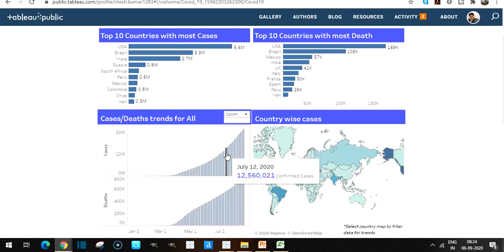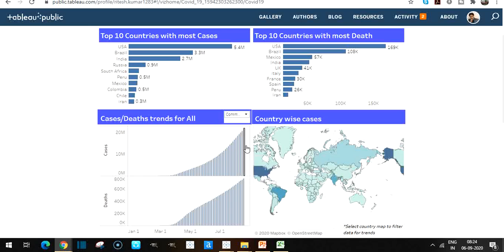It means from day 1 up to July 12, this is the total number of cases because it's adding back all the previous cases. So it says, from day 1 when the corona cases started getting notified, and on August 13, a total of 20 million cases have been confirmed.